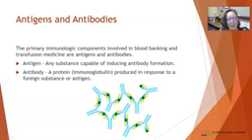An antibody is a protein, also known as an immunoglobulin, that is produced in response to a foreign substance or an antigen. Now, most foreign substances are antigenic, but not all antigens are foreign substances. So a foreign substance would be a pathogen entering your body, so a pathogenic bacteria or virus or something like that.